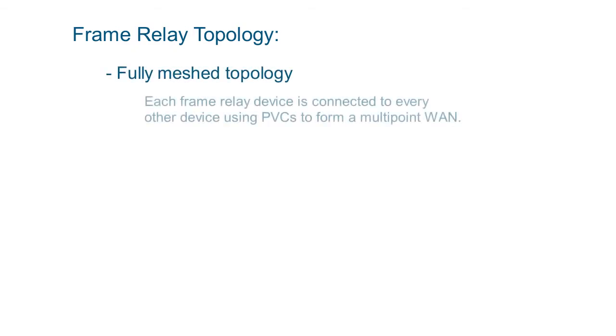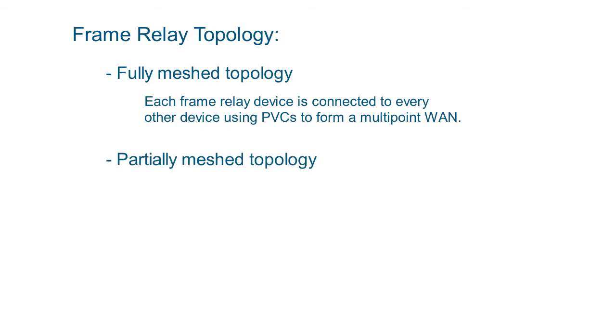Full mesh topology. In this implementation, each frame relay device is connected to every other device, using PVCs to form a multi-point WAN. When an update is transmitted to one device, it is seen by every other device as well. The advantage of this configuration is that the entire frame relay network can be treated as a single data link connection.